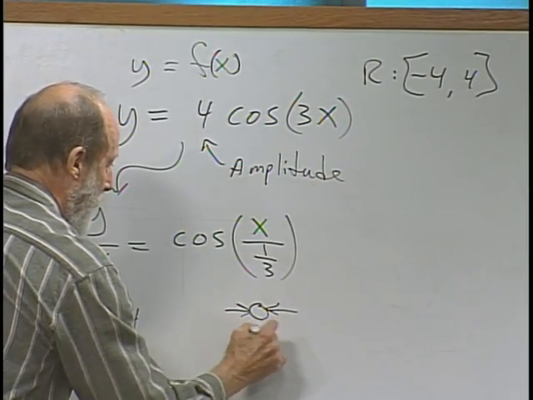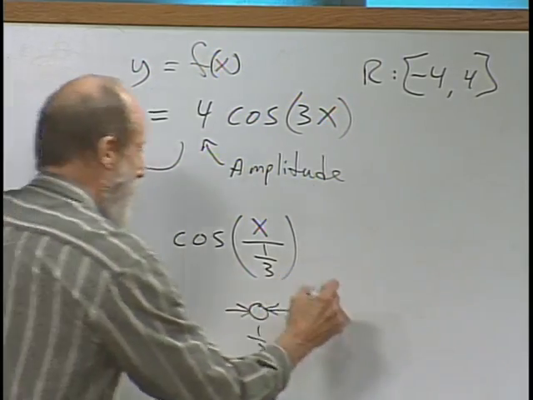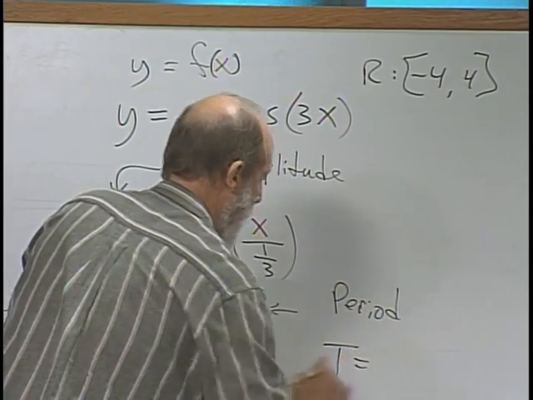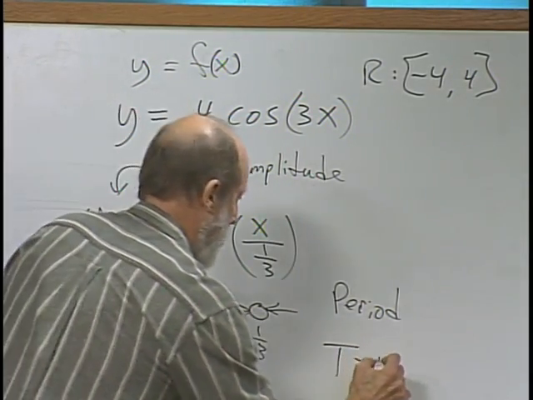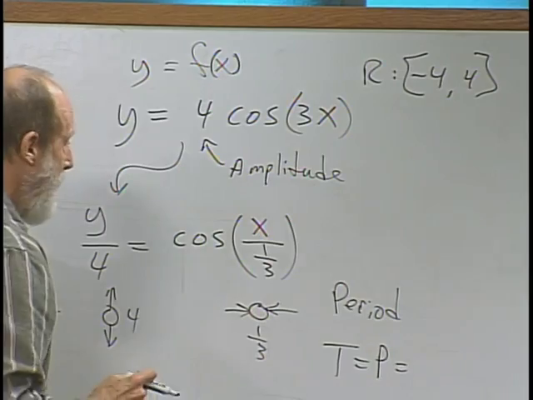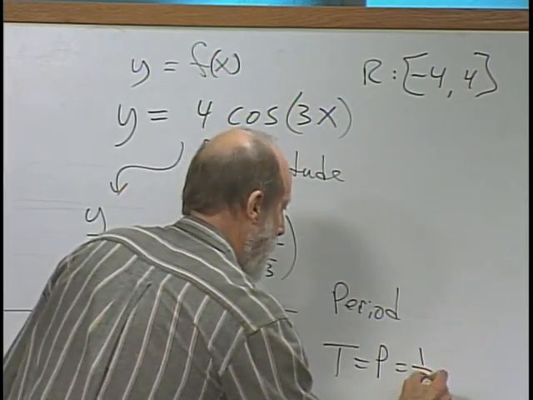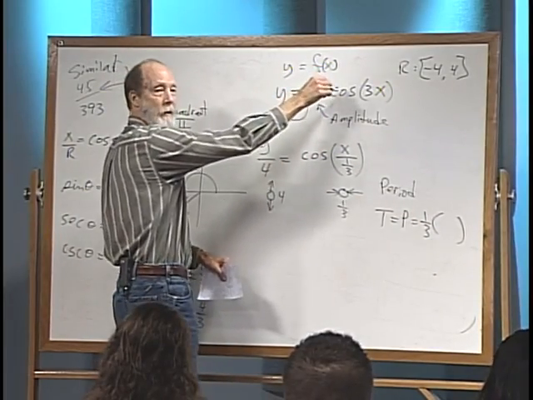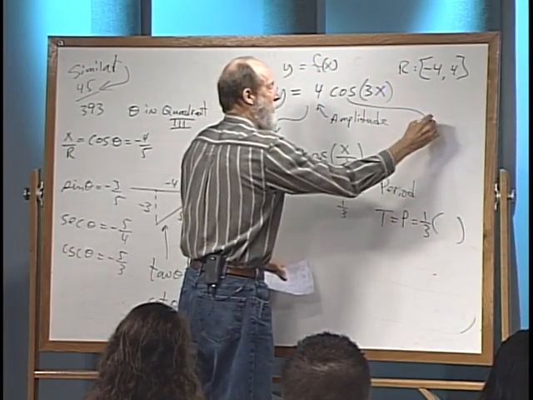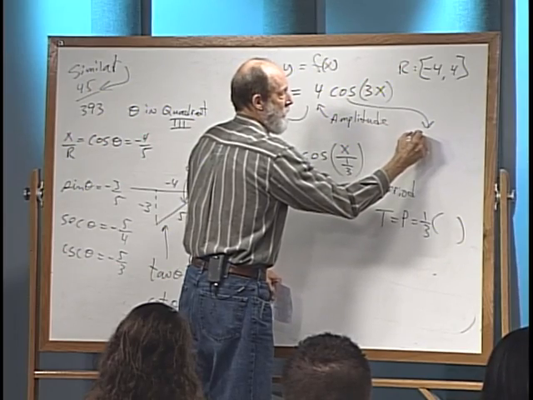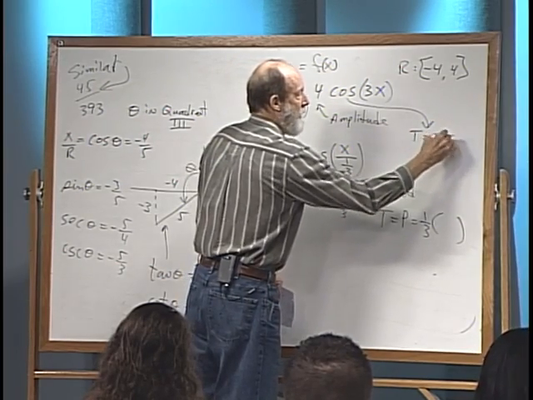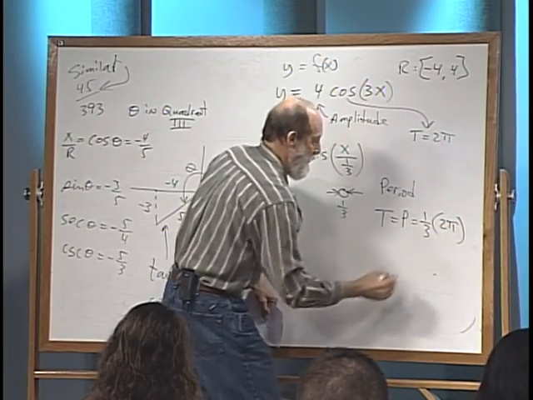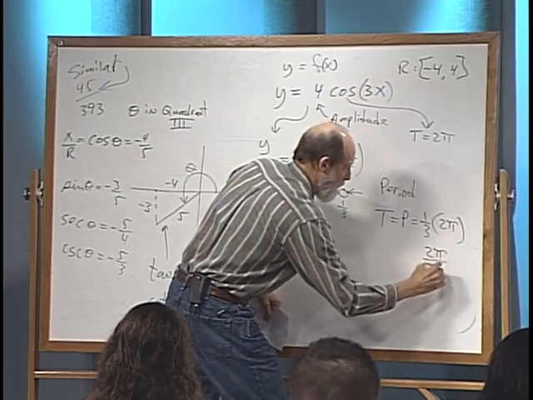It's going to be made 1/3 as wide. So the period of this thing, and the book uses capital T, and other texts sometimes you see capital P for the period, is going to be equal to 1/3 of the fundamental period of this model. This happens to be a cosine model whose fundamental period is 2 pi. So it's going to be 1/3 of 2 pi. So you're going to end up with a period of 2 pi over 3.